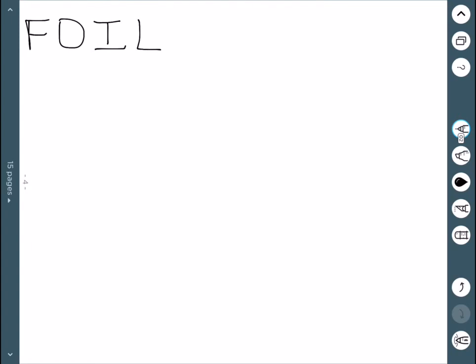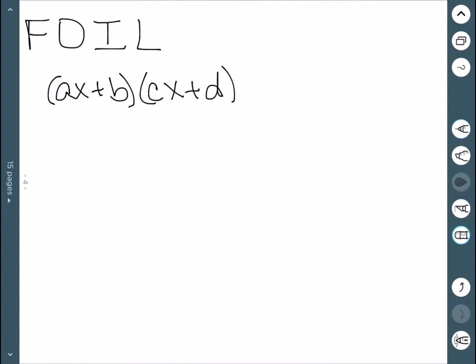Another version of this is FOIL. With FOIL, this happens whenever we're multiplying two binomials. And it stands for first, so we multiply our first two terms, ax times cx.